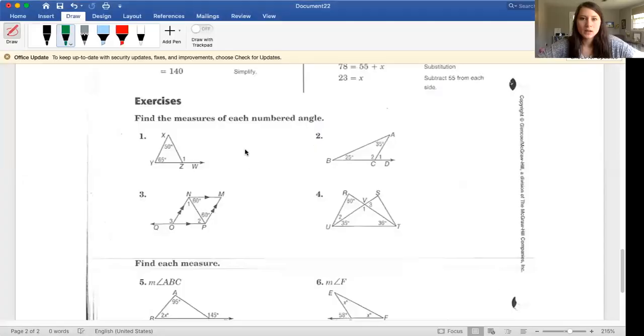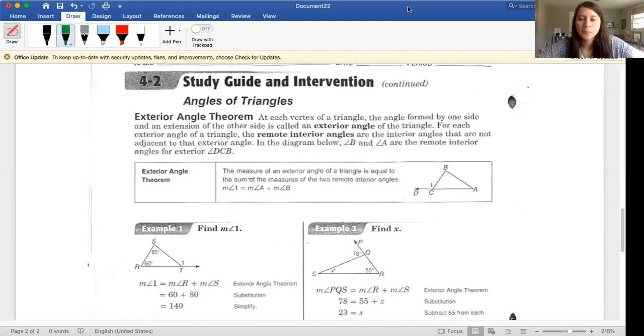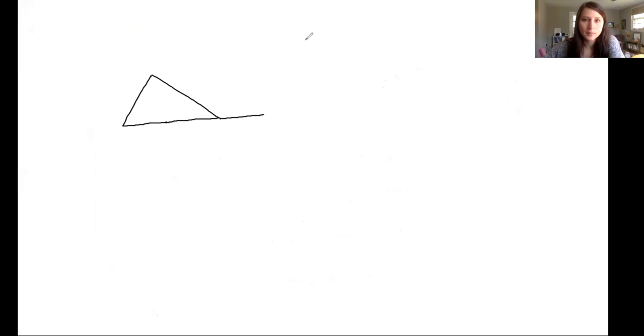All right, looking at the back of our study guide, we're going to learn a new theorem here. This theorem basically says that if I look at an exterior angle of my triangle, meaning this is the exterior angle, and this is on the inside.